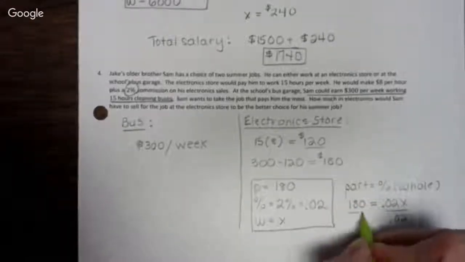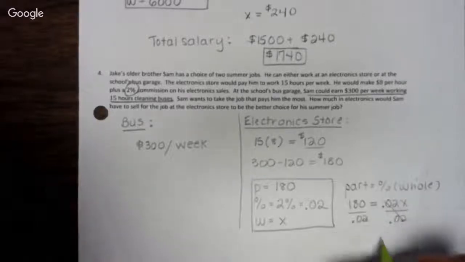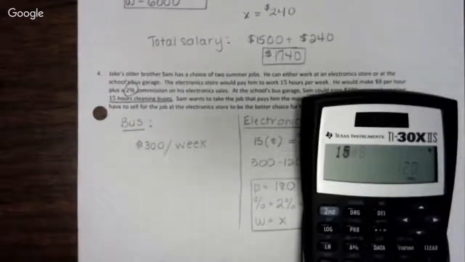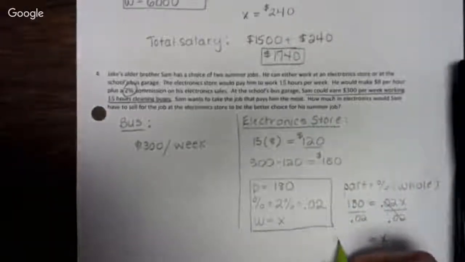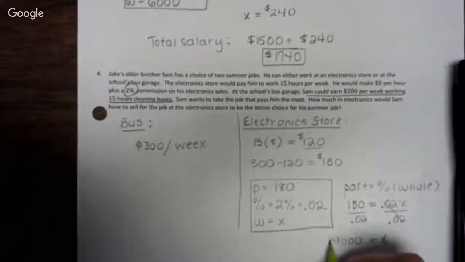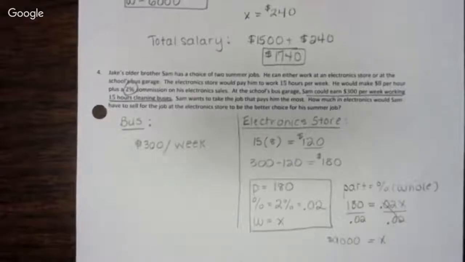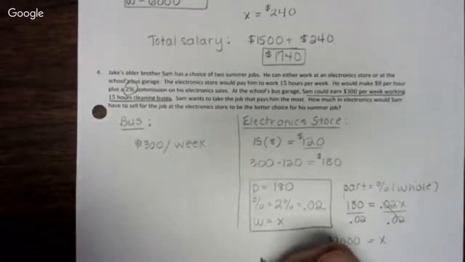Divide both sides by 0.02. So 180 divided by 0.02 would be $9,000. So he would have to sell $9,000 of goods to get $180. So the question is, how much in electronics would he have to sell?